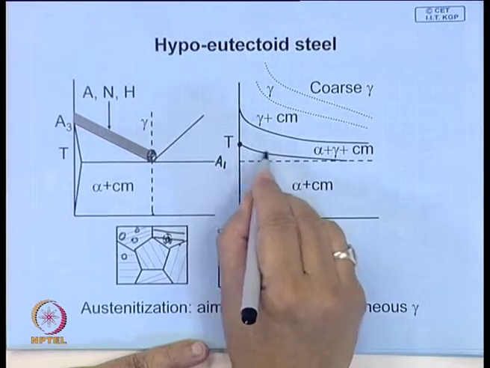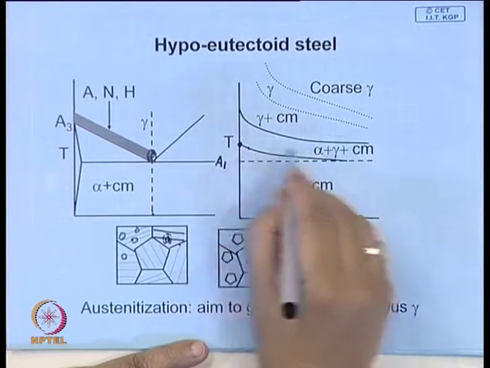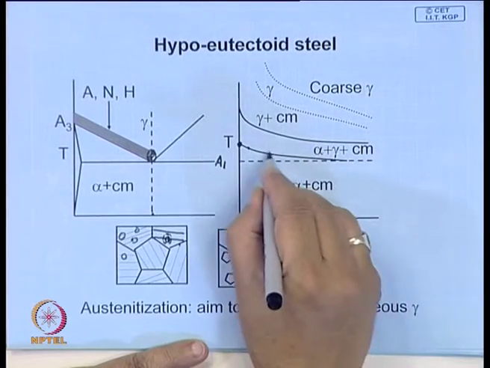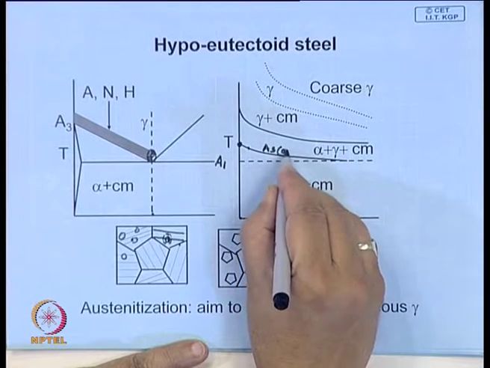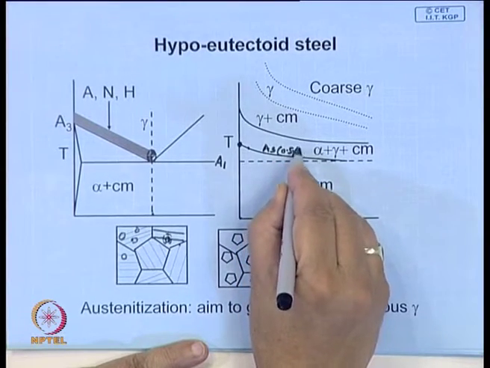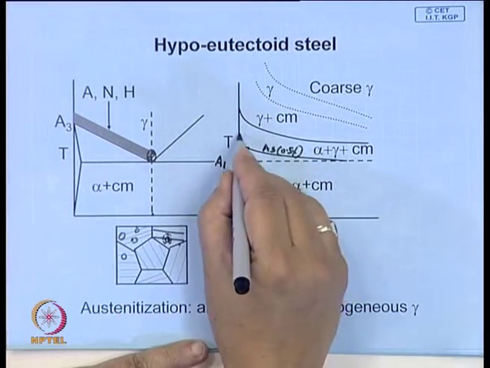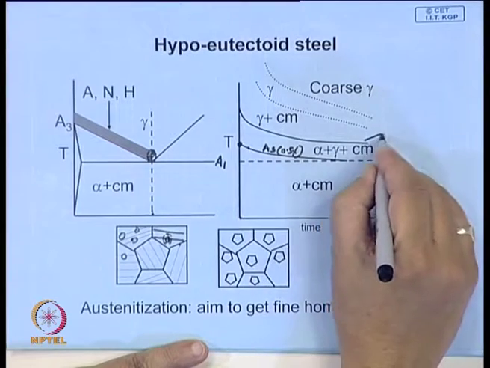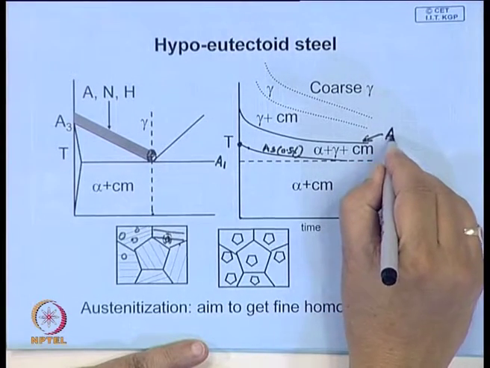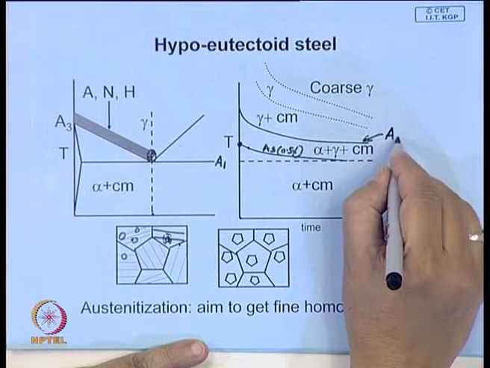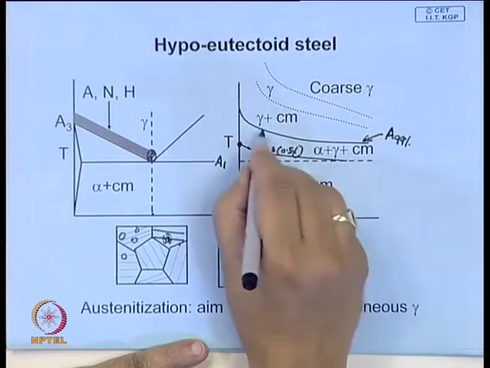For a certain period of time you have to allow, maybe this is the time where this transformation starts. So, you can say this is As. Maybe here around 0.5% austenite has formed in the structure, and with time it will go on increasing, and here you can say it is nearly 90% or 99% austenite.